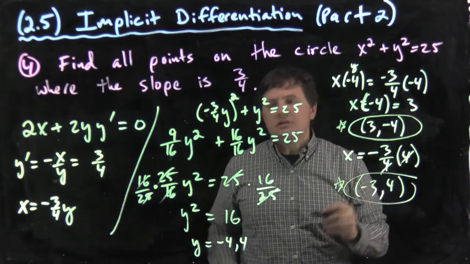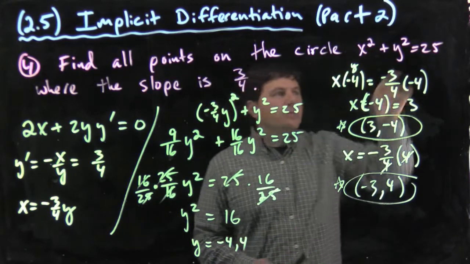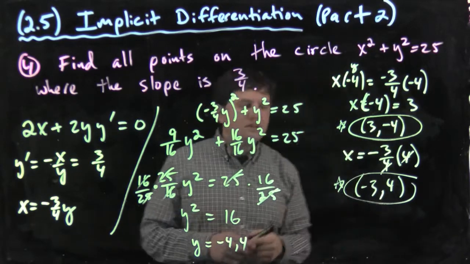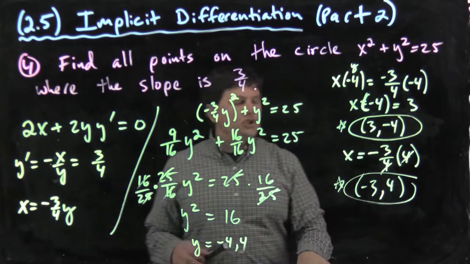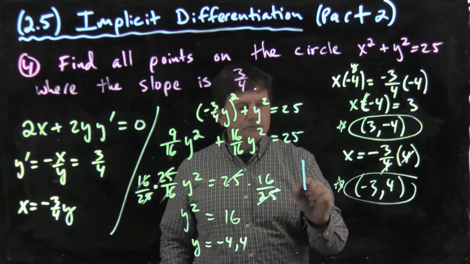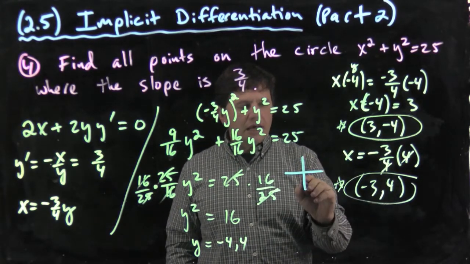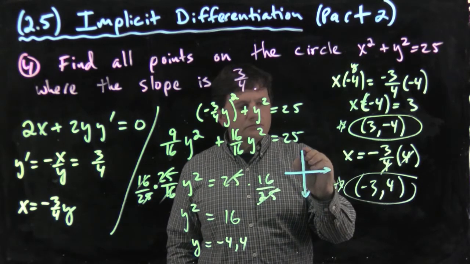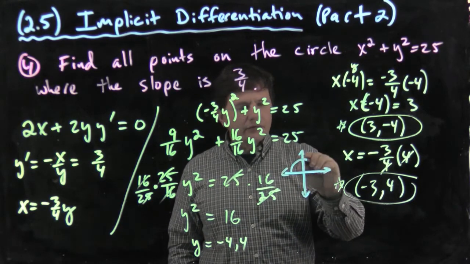Now just to show what this looks like graphically, x squared plus y squared is something that we should have some idea of what this looks like. That is a circle centered at 0, 0 at the origin, with a radius of 5.